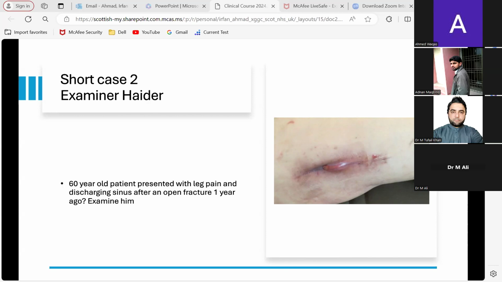How will you examine this patient? It's a case of open fracture previously. Sir, I'd like to check whether the scar is tender, whether it is tethered to the bone, or free.